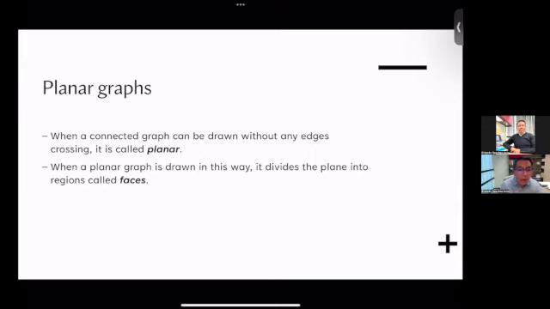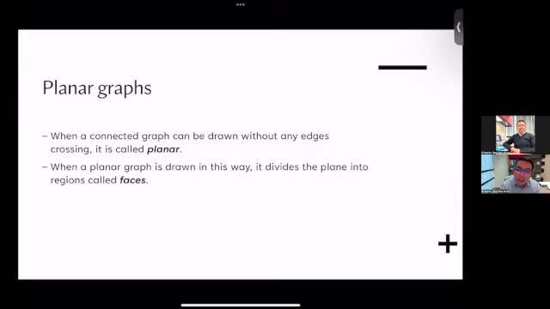Now, we were using the concept of planar graphs, but what is a planar graph? Basically what we mean by that is that when we have a connected graph, and this graph can be somehow drawn without any edges crossing in the plane, then it is called a planar graph.